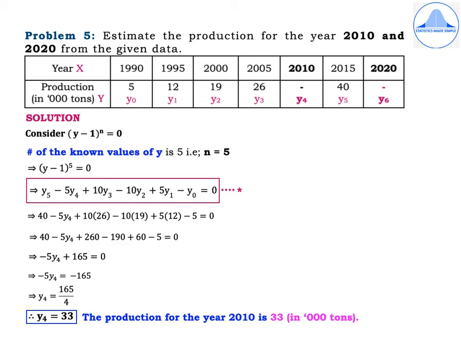Substitute the values of y from the given table, which implies 40 minus 5y4 plus 10 into 26 minus 10 into 19 plus 5 into 12 minus 5 is equal to 0.